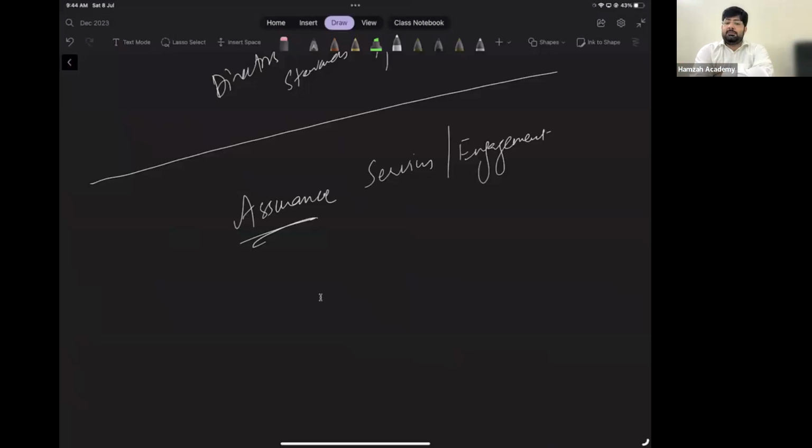For example, some of you may have asked your colleagues or your seniors or your family, some cousins, family members, how is audit and assurance with Mr. Hamzah classes?